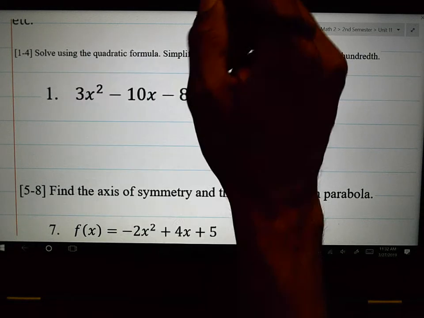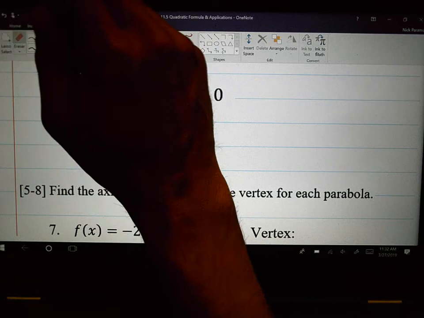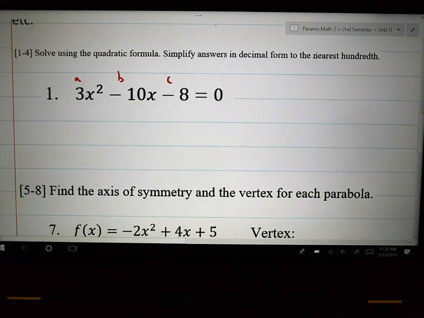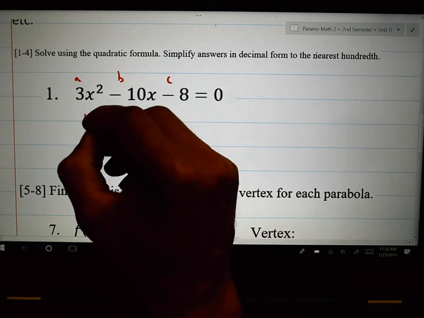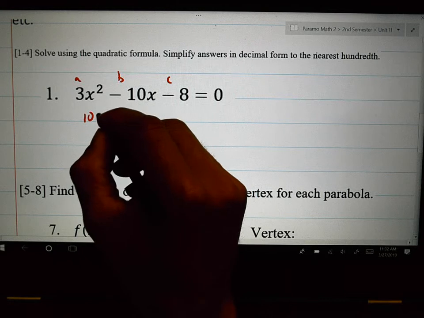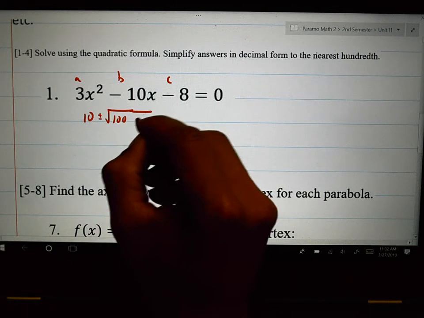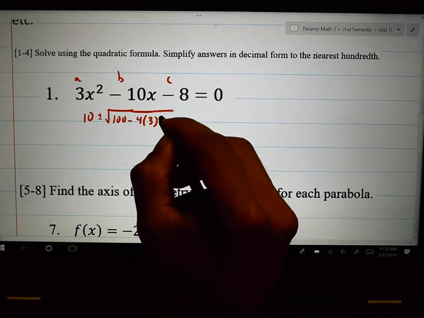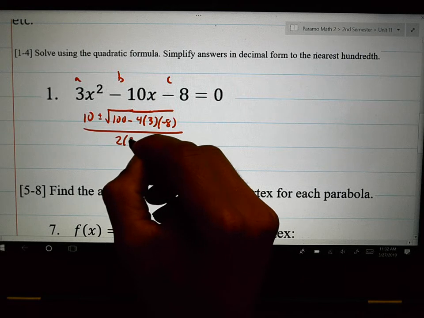So the first thing I do is I say this is A, this is B, this is C. And then I start plugging things into my quadratic formula. Negative B, opposite of B, plus or minus radical B squared minus 4 parenthesis A parenthesis C all over 2A.